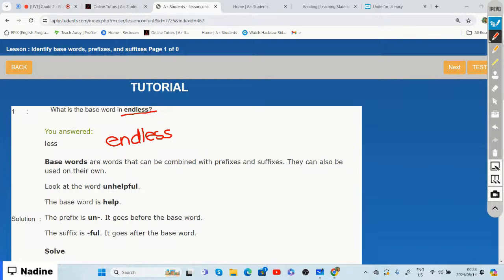The base word, the word that can stand on its own.